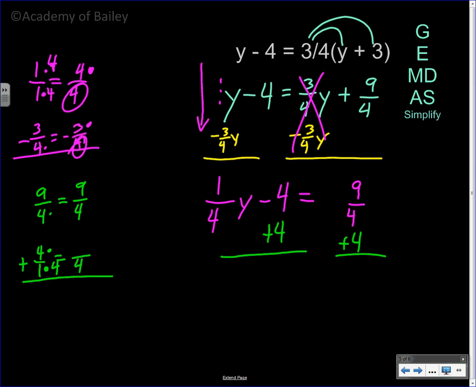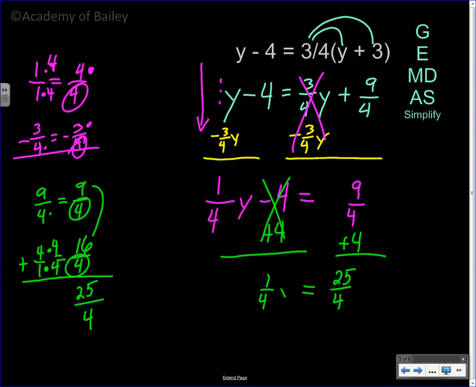So therefore we have to multiply the top by 4, which gives us 16. So now we have 9 plus 16, which makes 25, and the denominators stay the same, 25 over 4. These cancel. You have 1/4 y.